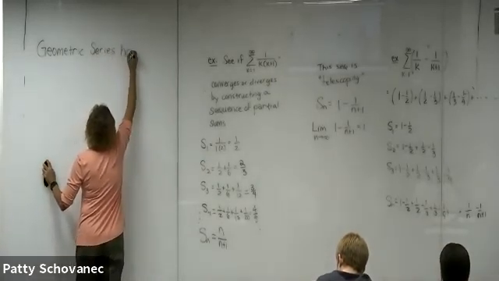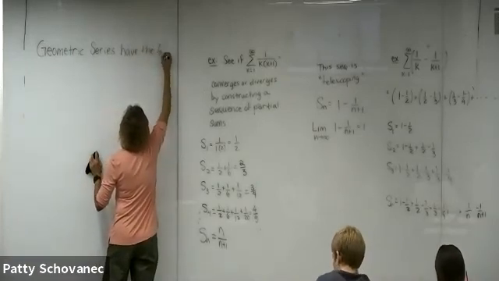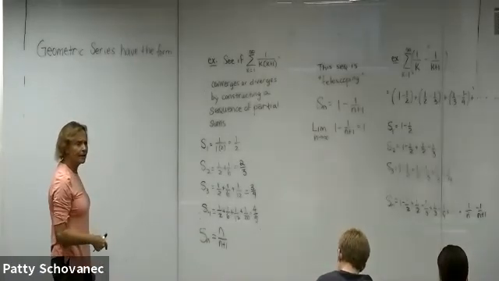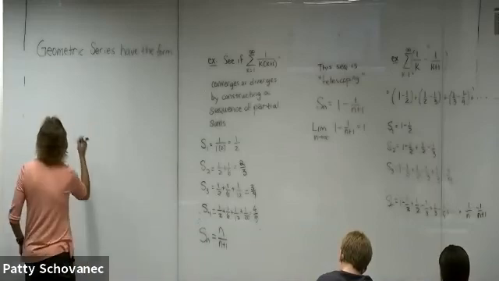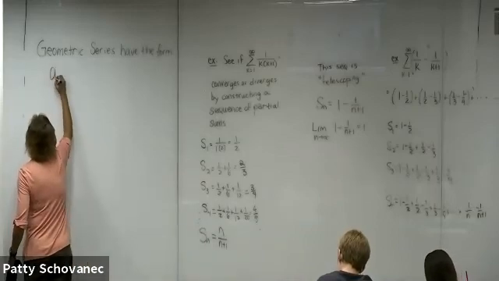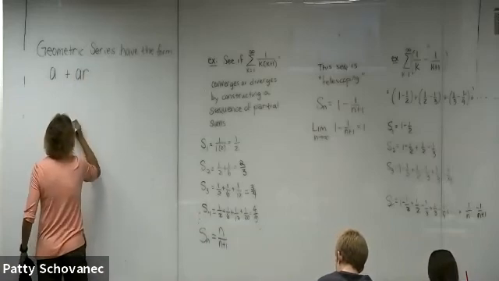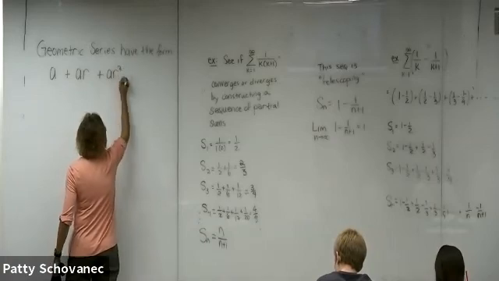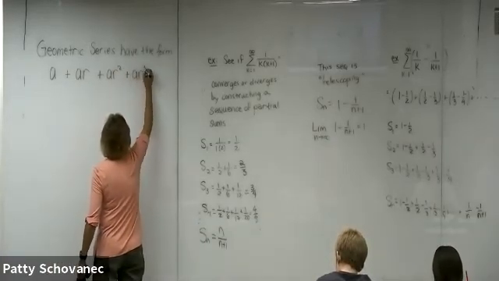Geometric series have the form that the next term being added is just a constant multiple of the term right before it. You'll have a first term, and then your next term is just that multiplied by something. And then your next term is that multiplied by the same something, and so on.